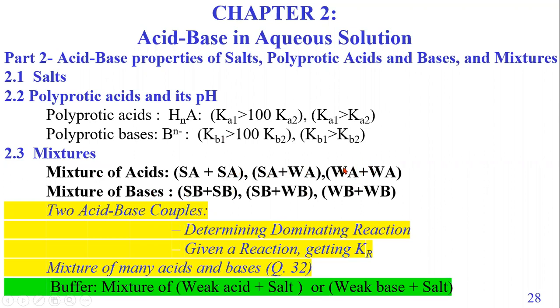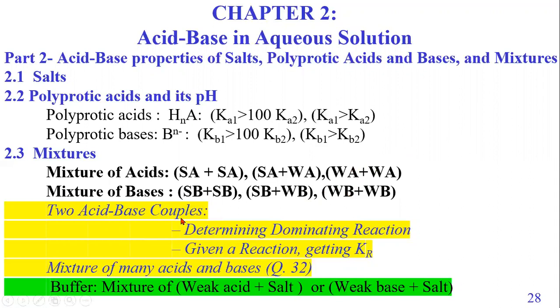Or if both acids happen to contribute equally to the pH, you had to calculate the overall H3O plus from both weak acids. Similar for the bases. In both of these types, one of the reactants, of course, was water.